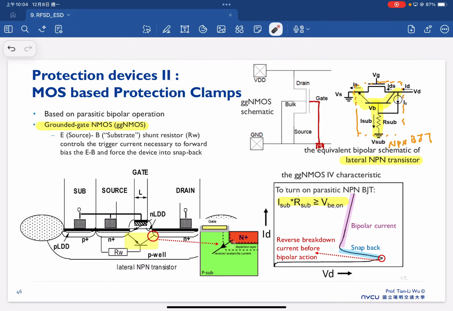As long as the voltage drop here is larger than the turn-on voltage of the BJT, the parasitic BJT can be turned on, and we can start to see this latch-up event. The ESD strike will turn on this parasitic BJT, and all the high current will go through this GGNMOS rather than into our main device.